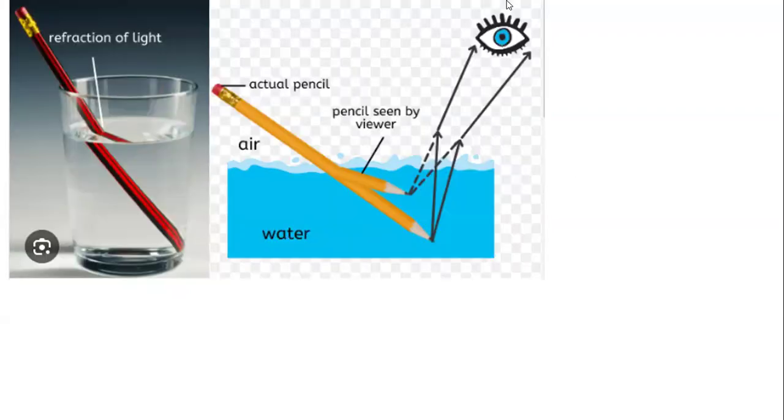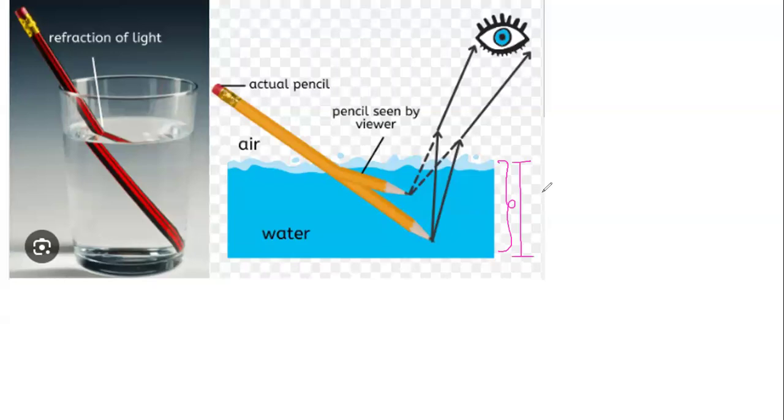Now, what does it mean? When we talk about real and apparent depth, one thing you need to remember is that when you look at our pencil, this is what we are going to be calling the original height of the swimming pool. Maybe in case I consider it to be my swimming pool. So the distance from this point up to this point is what I'm going to call the real depth of the swimming pool.